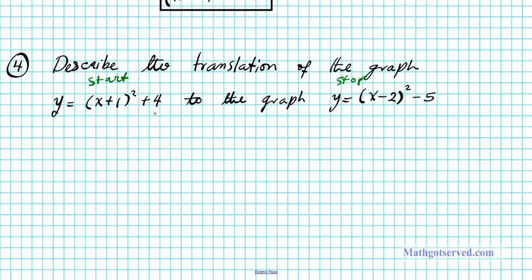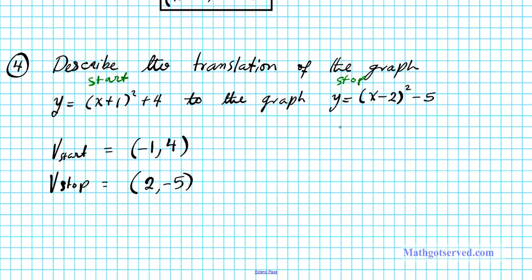What is a point that we can easily determine just by looking at these two graphs that are identical? It is the vertex. Okay, so let's go ahead and write down the vertices of these two equations. The vertex of the starting parabola is (-1, 4). And then the vertex after the translation, where you stop, is going to rest at (2, -5).